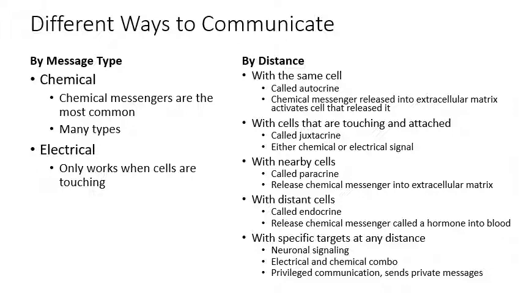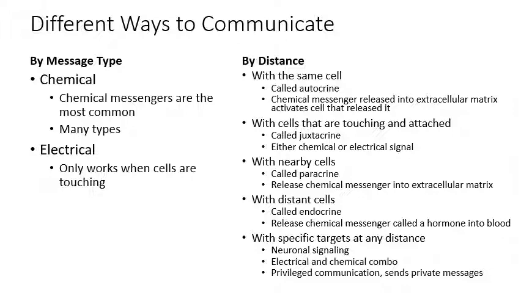So neurons send out their little processes, the little tree-like things or threads that extend off of them, and those little threads will release chemicals. You'll have an electrical signal traveling down that thread, and when it gets to the end of the thread, it makes it release a chemical, which is called a neurotransmitter, that crosses the little gap to the next cell that is going to receive that message.